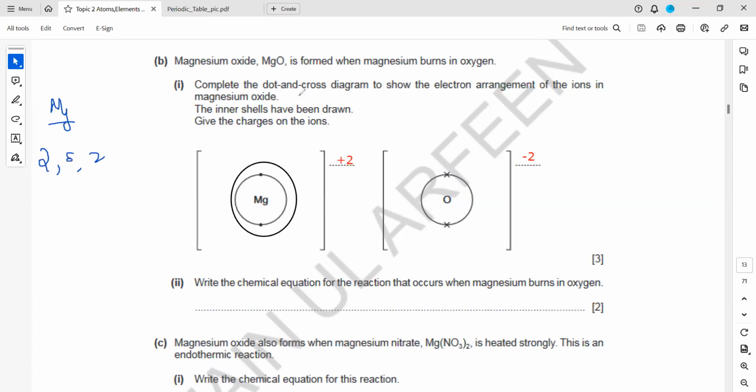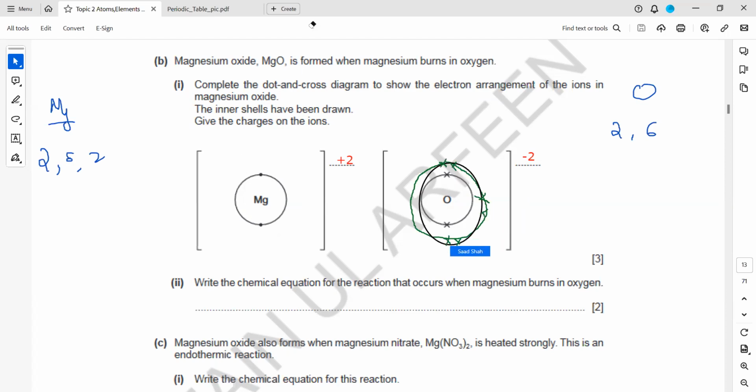This is the structure of magnesium atom. What about oxygen? The configuration of oxygen is 2 and 6. So when magnesium will react, magnesium will lose all of its electron. So when you draw the 3 shells for the magnesium, first shell is already drawn. You have to draw the second and the third. The second shell will have 8 electrons, and the third shell will have 2 electrons.